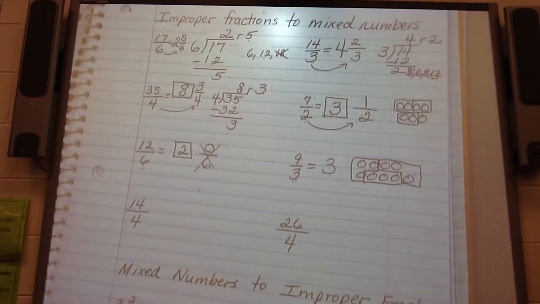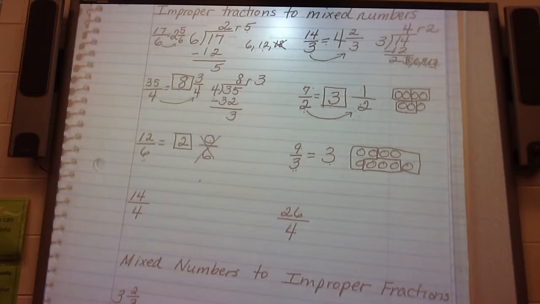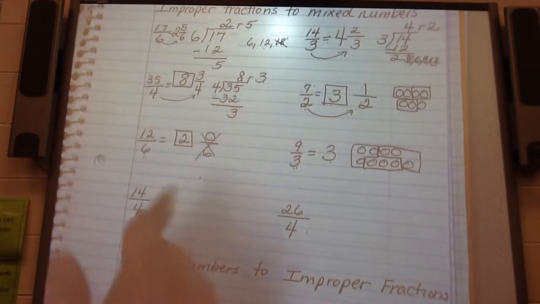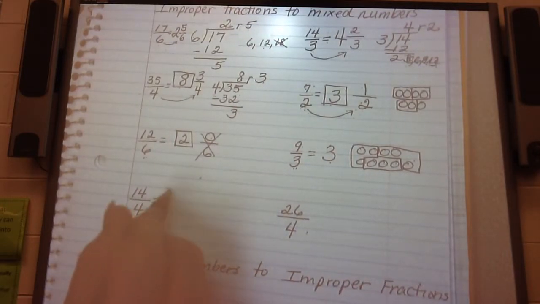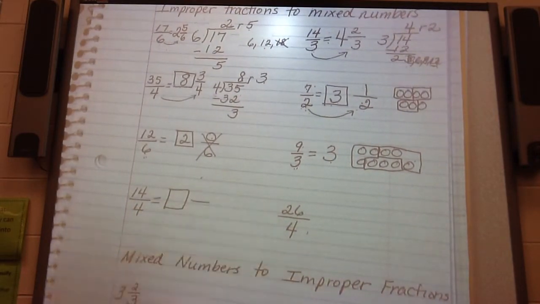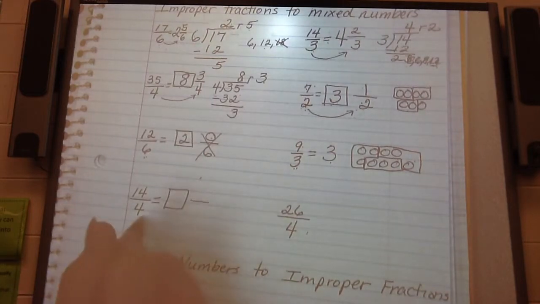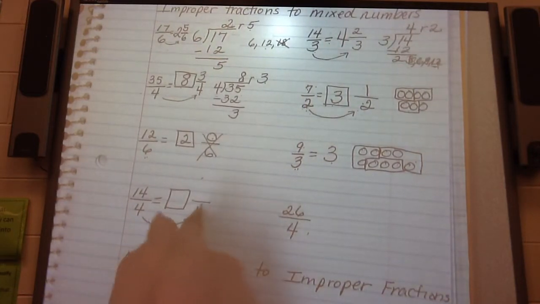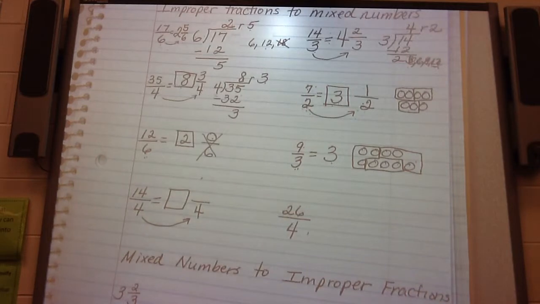Now, finally, where we're talking about improper fractions to mixed numbers, we might have some problems that look like these two. Okay, let's think about how they're different. Right now, same idea. We're going to bring over the 4, and whatever method you use, you're still going to come up with this kind of answer.